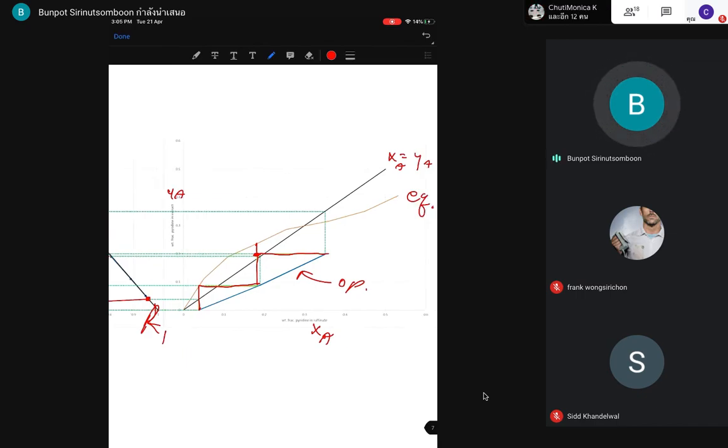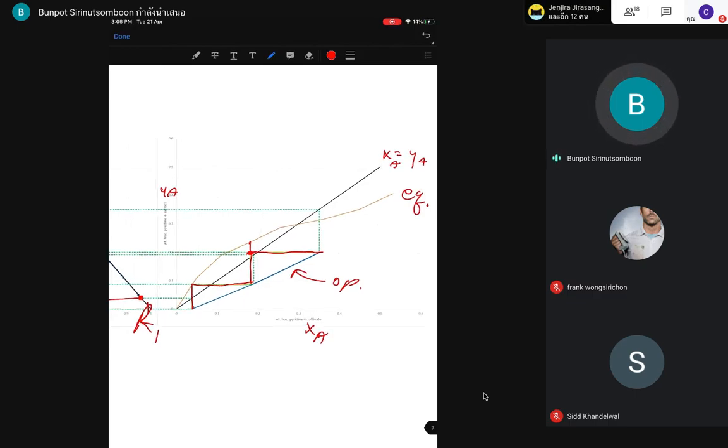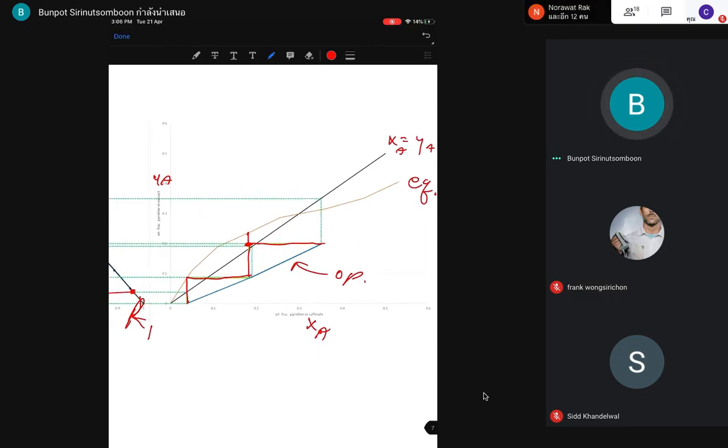But after that you don't need the line x equal to y anymore. You only want to draw the steps between the operating line and the equilibrium line, the blue line and the orange line, like this.